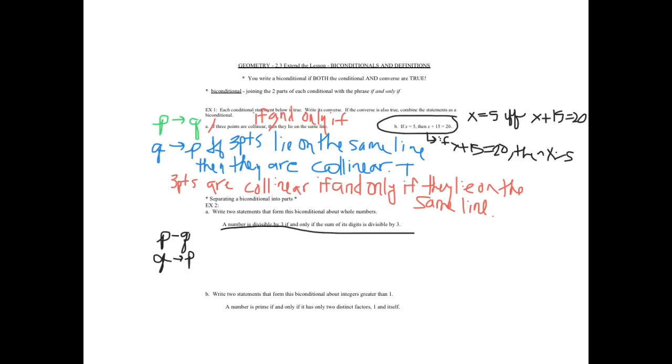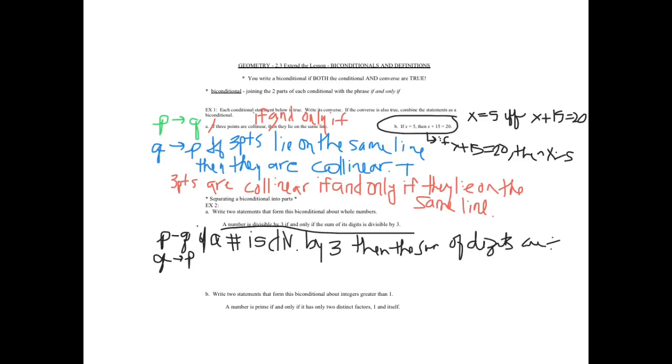So the first statement would be if a number is divisible by 3, then the sum of the digits are divisible by 3.